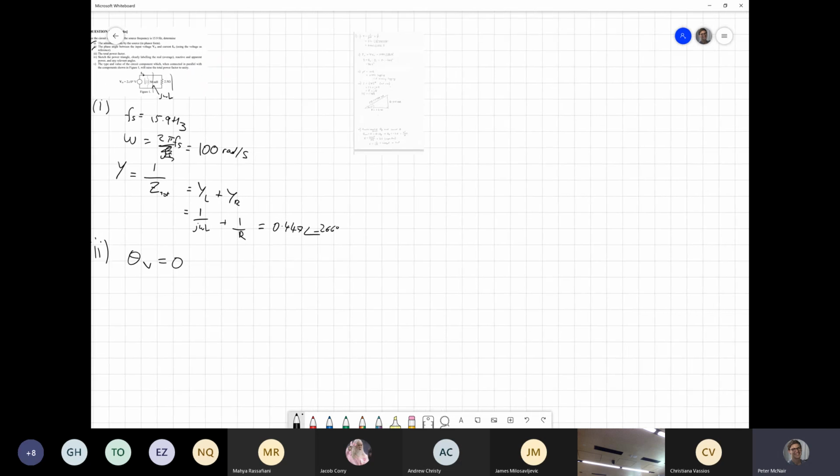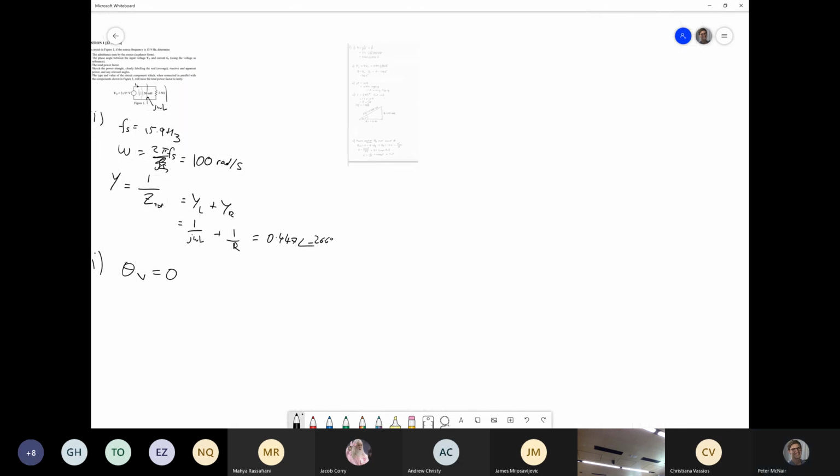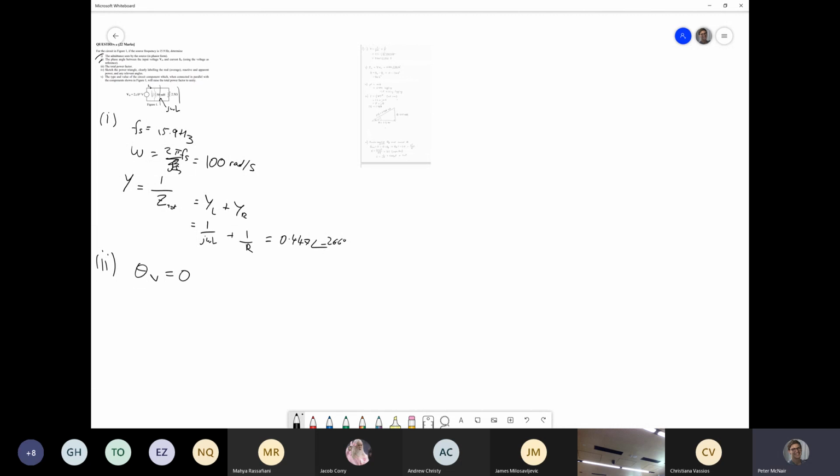When we think about our voltage and current, we know that Vin is equal to Z Iin. So Vin divided by Iin is equal to Z. If we want theta V minus theta I, that's the same as taking the phase of Vin on Iin, because we do the angle of Vin minus the angle of Iin. So that's the same as finding the angle of our Z.